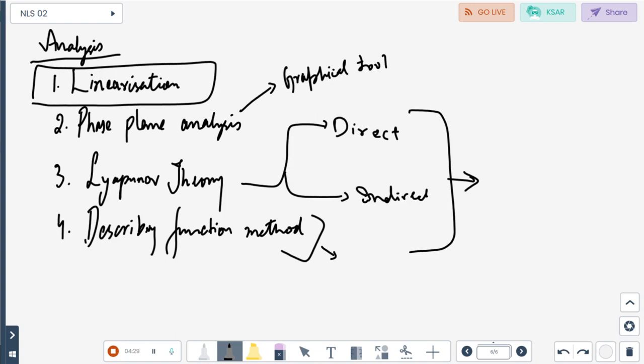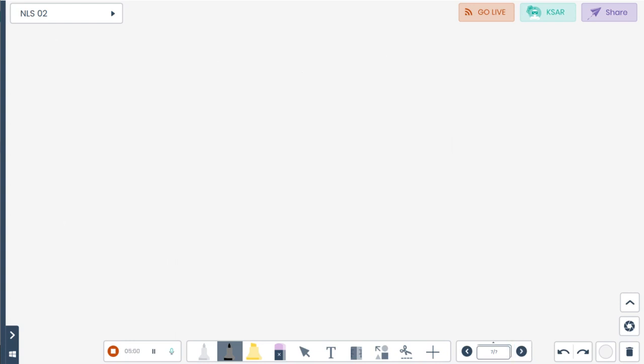The indirect method itself is the linearization method, and the direct method is based upon finding out the energy function of a system, and using that energy function, also known as a Lyapunov function, we'll be able to define stability for a nonlinear system. So we'll be covering these 4 methods in our coming lectures, and today we'll start with the linearization method.